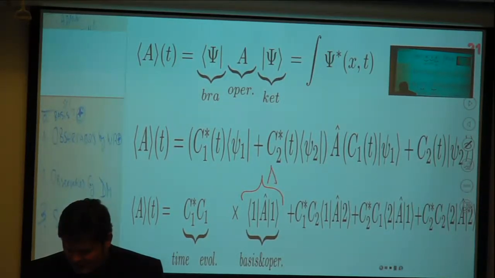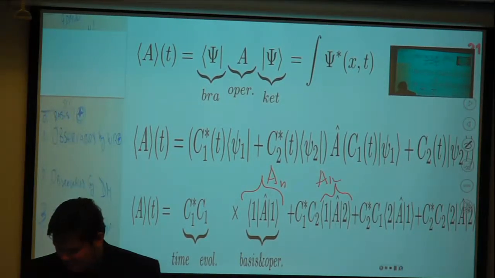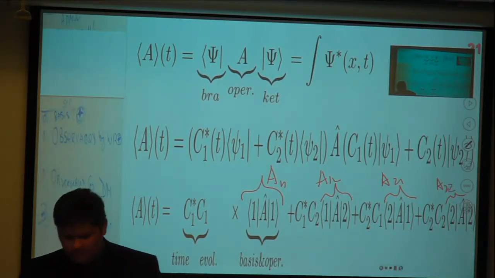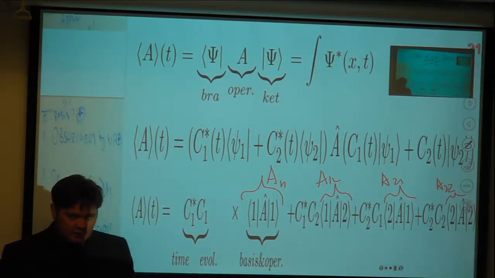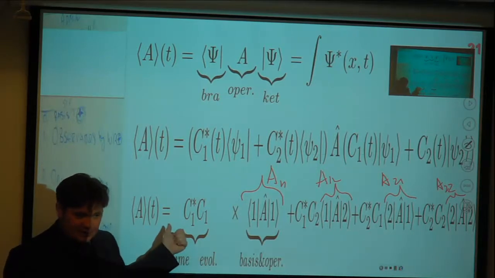Like A11, A12, A21, A22. So matrix elements of a given operator serve towards completion of our goal, of the destiny. Find expectation value.